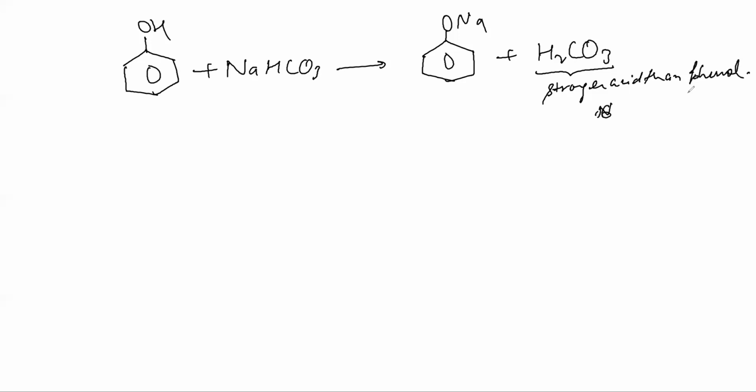Else the reaction will not take place. Clear? So that's why the reaction does not take place. Important reaction it is. Please let me know if there is any doubt.